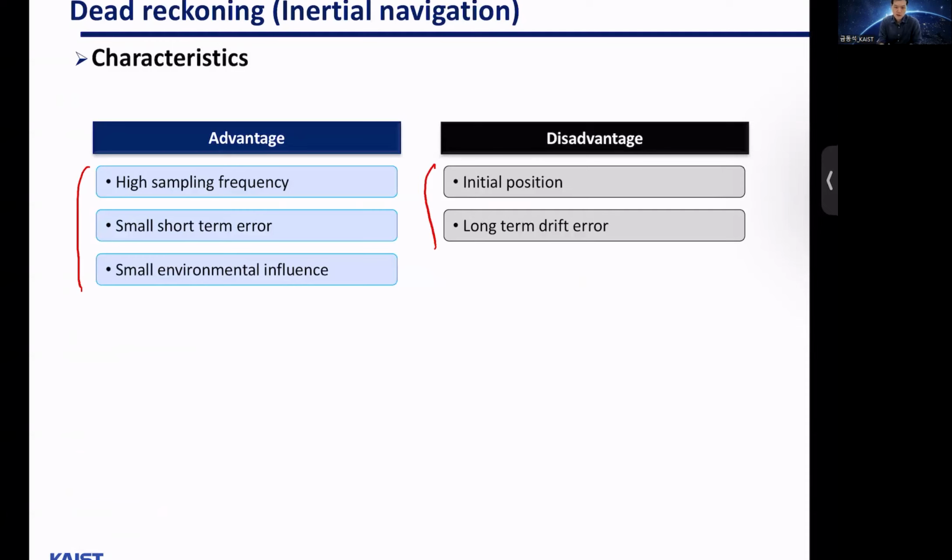So remember, I talked about this at the beginning of the semester. When you integrate a signal over time, there's always error involved with these signals, and if you have an integrator to compute position from, let's say, speed or acceleration, then drift error occurs all the time.